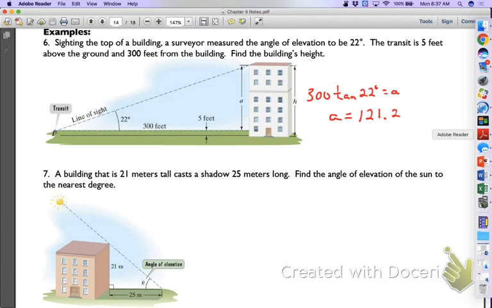Now, is that my final answer? No, why not? Because we've got to add that 5 feet that we had, basically the distance from here to here. So all I'm going to do to find the height of my building is take the 121.2, add 5 to it. So the actual height of the building is about 126.2 feet.